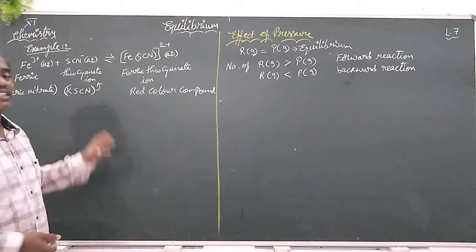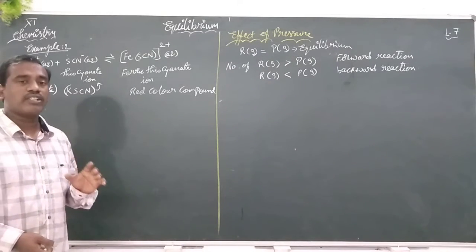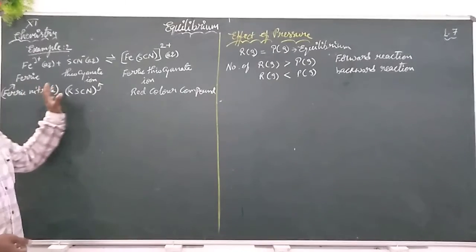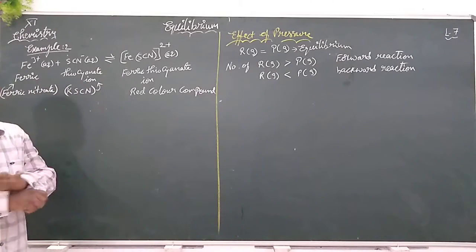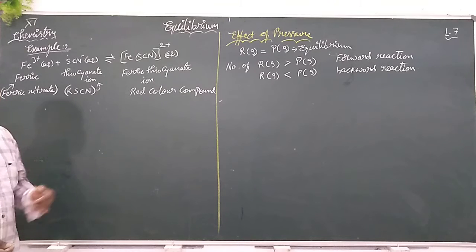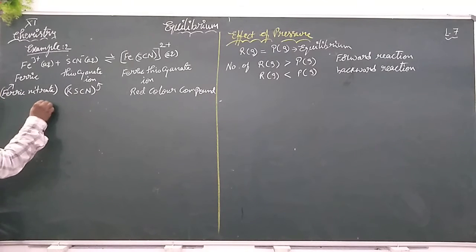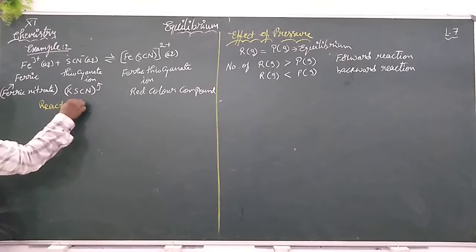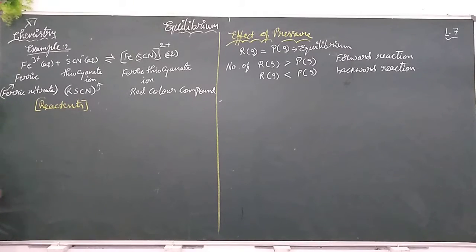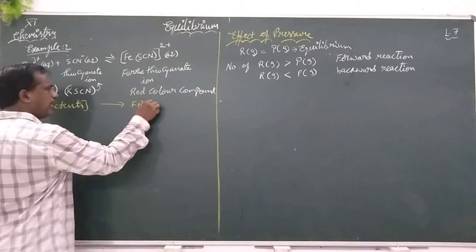But whenever the system is at equilibrium, when the concentration of the reactants is equal to the concentration of products, there will not be any change. At the equilibrium stage, when you are increasing the concentration of the reactants, where will the system move? The system will move towards the forward reaction.